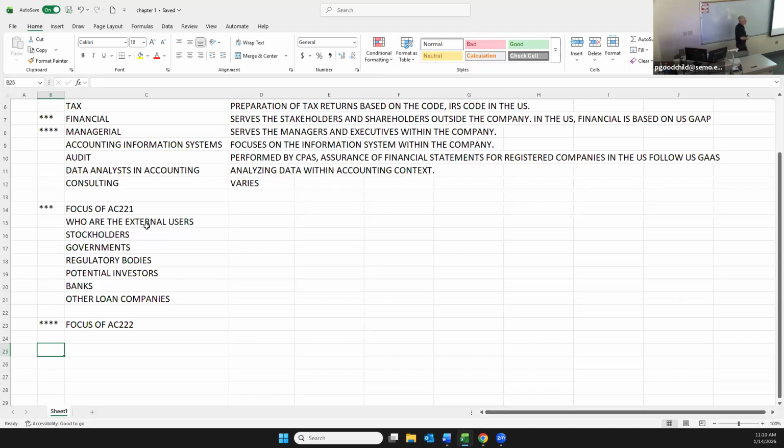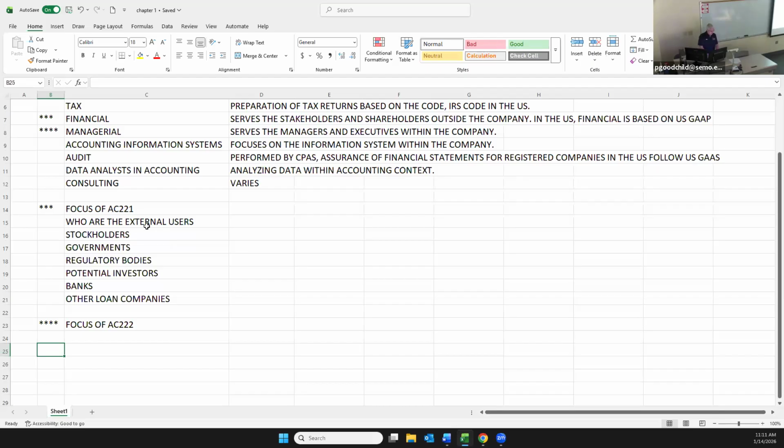The SEC is responsible for public companies, which is the focus of this class. So we're going to be focused on corporations that sell their either equity or debt publicly. All right. And those financial statements that they have to produce under US GAAP. Any questions so far? Okay.